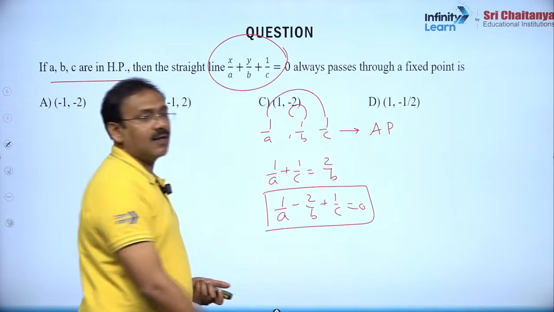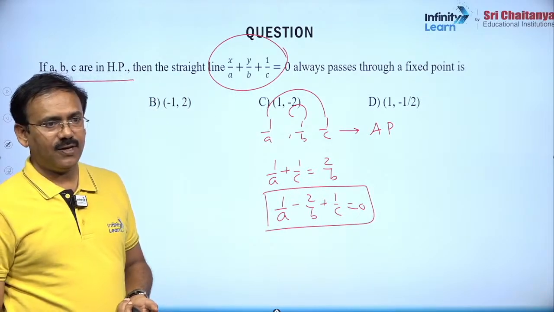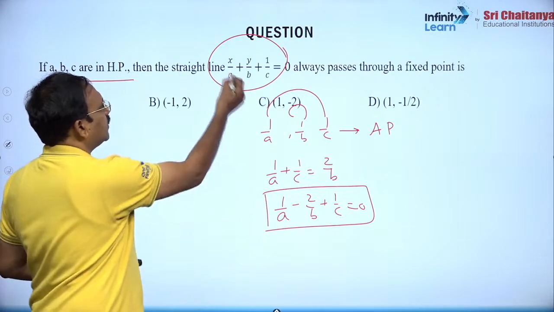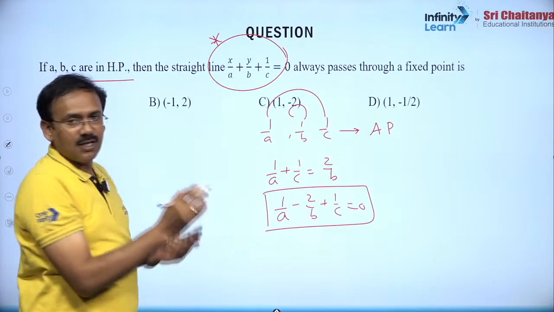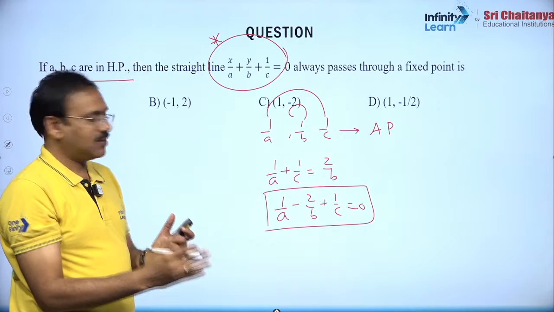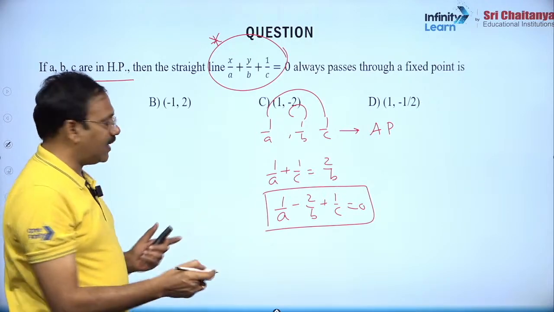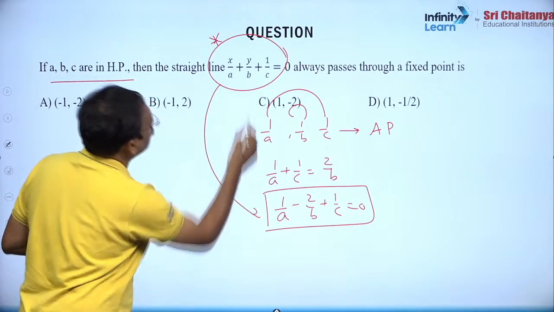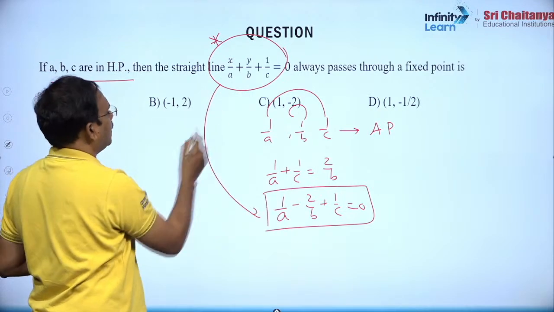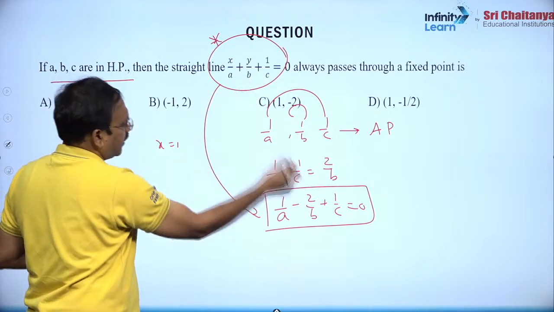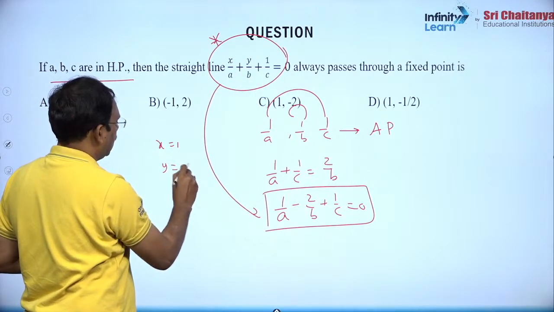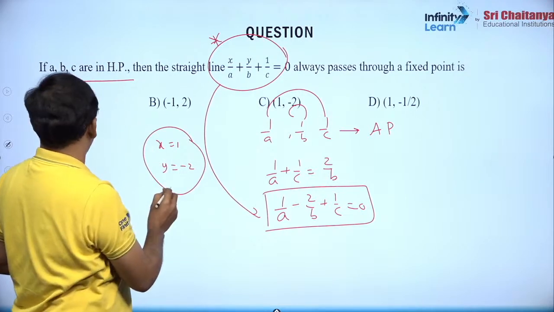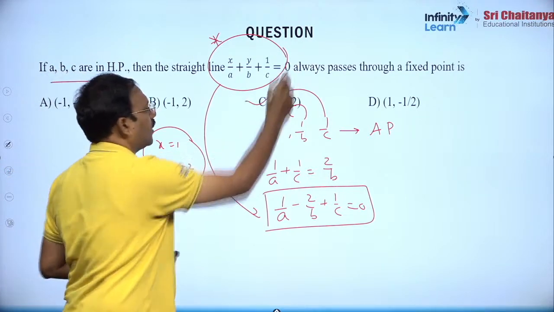A, B, C are satisfying this condition my dear friends. In this case he has taken lines like this, so these are a family of lines. So where will they intersect? Just compare these two. In place of x, 1 is there, in place of y, minus 2 is there. Definitely all such lines will intersect at 1 comma minus 2.